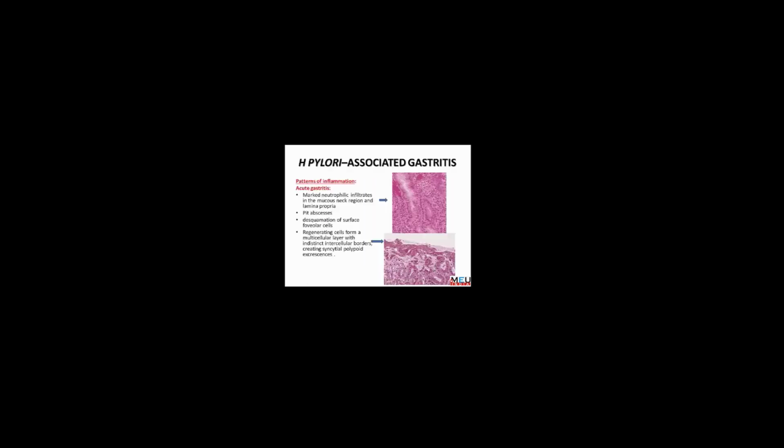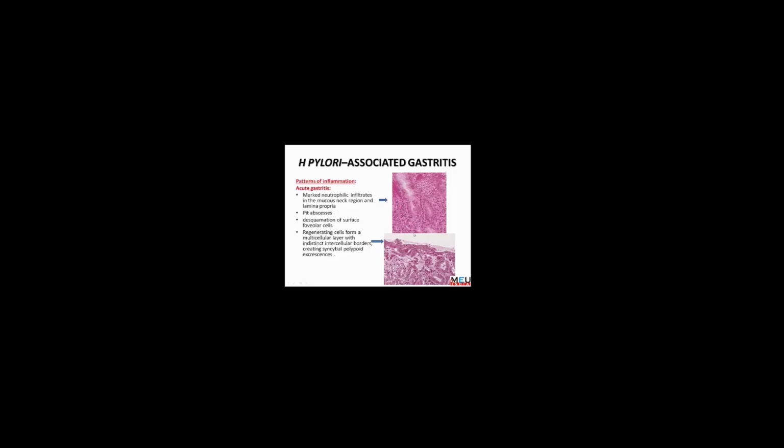In H. pylori associated gastritis, there are various patterns of inflammation. We get acute gastritis with marked neutrophilic infiltrates in the neck region around the lamina propria. There are pit abscesses, and there is desquamation of the surface foveolar cells.